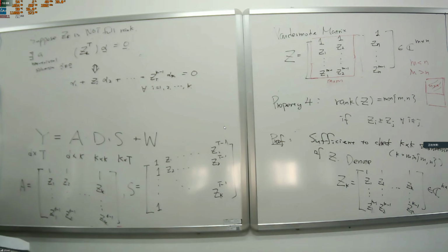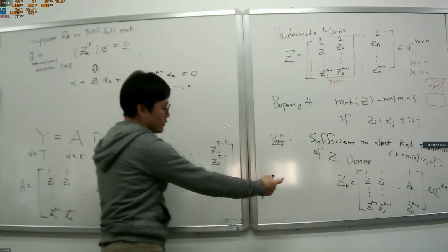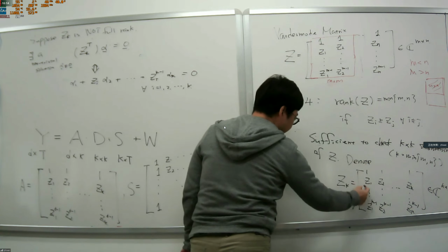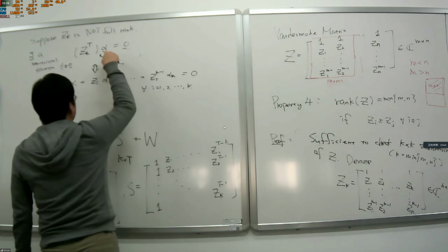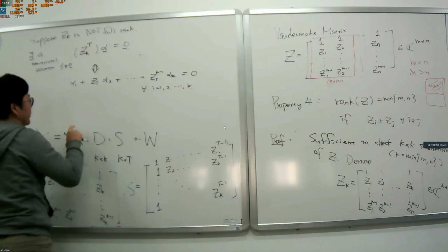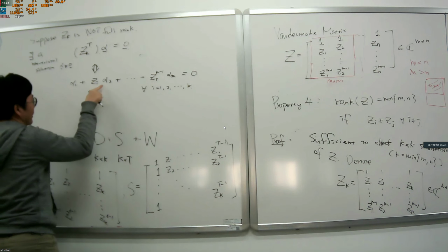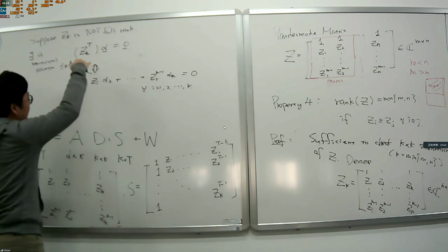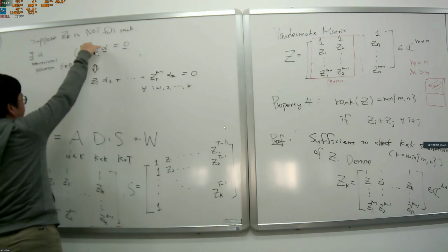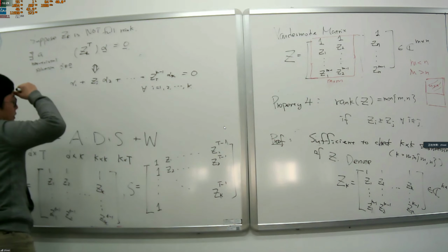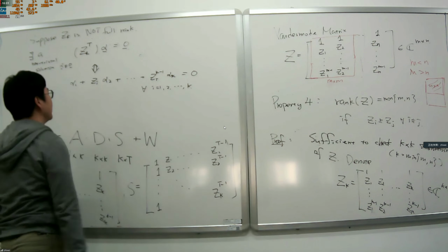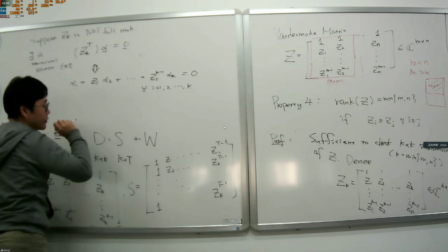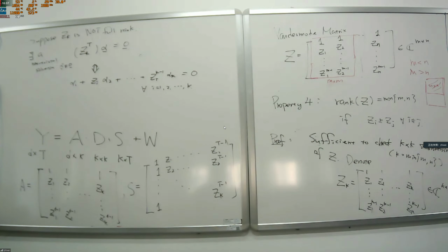The first column gives us the inner product of the first column with alpha, which is alpha_1, z_1 alpha_2, to z_1^(k-1) alpha_k. And the second row of Z_k transpose with alpha gives us the equation for i equal to 2, and so on to get these k equations.